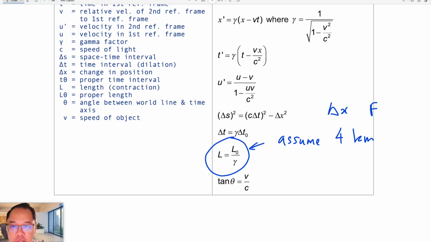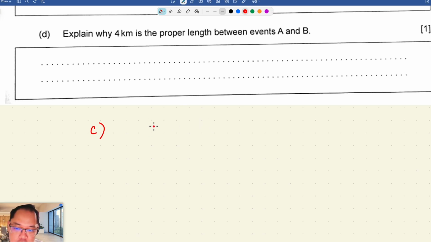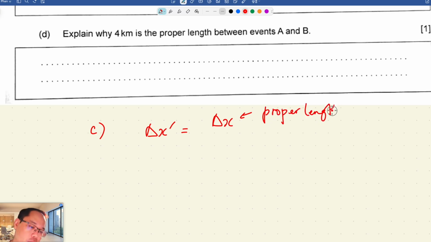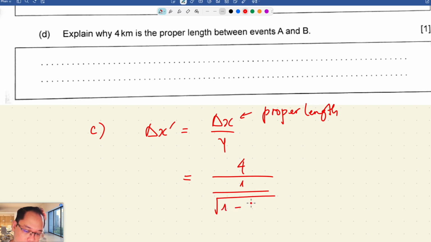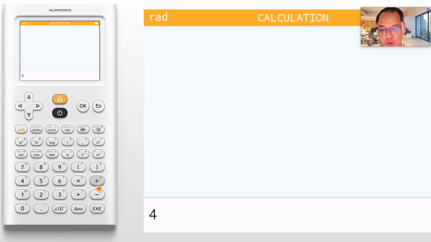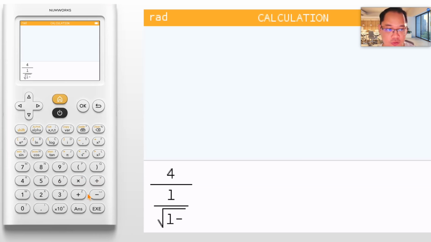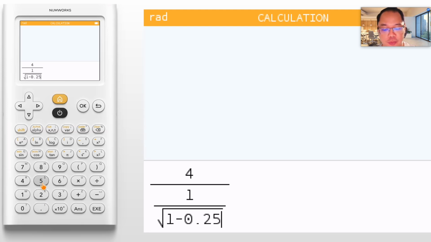Let me write that. The distance between the two events in the reference frame O, which is delta S prime, is delta S, assuming this is the proper length of 4 kilometers, divided by gamma. Gamma is 1 over the square root of 1 minus v squared over c squared. We can check that with a calculator. The proper length is 4 divided by the Lorentz factor, and because the speed of the reference frame O is 0.25 of the speed of light, the ratio is 0.25, and we square it.